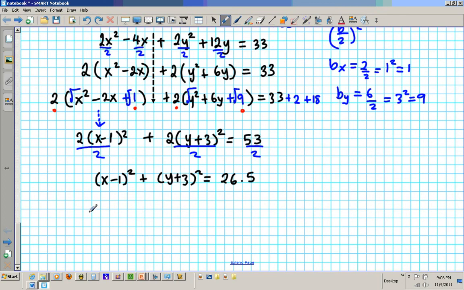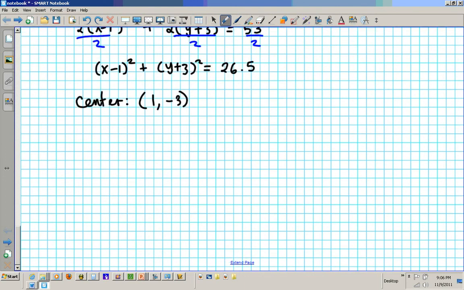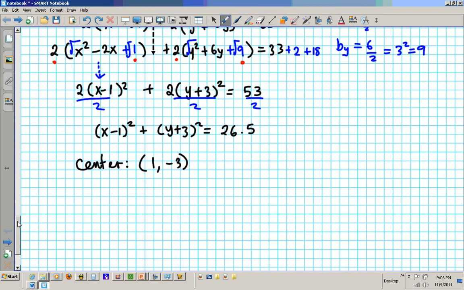Alright, so let's find our center and radius. Center, you do the opposite of the x. What is the opposite of negative 1? 1. Opposite of the y, opposite of positive 3, negative 3. That goes in your center. And then the radius is basically the square root of 26.5, which is approximately what?